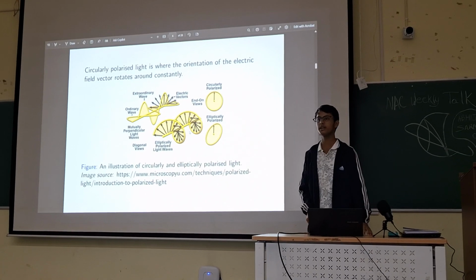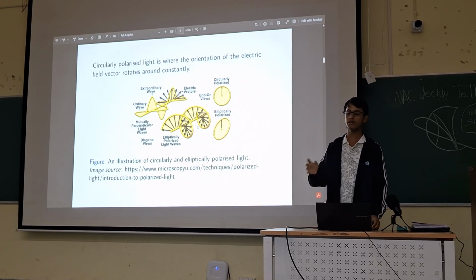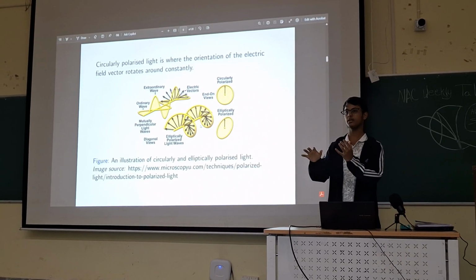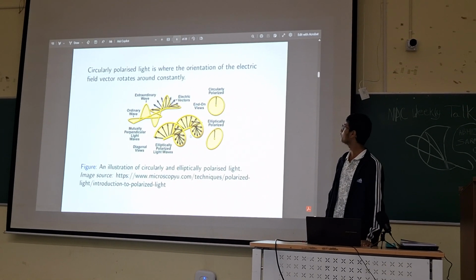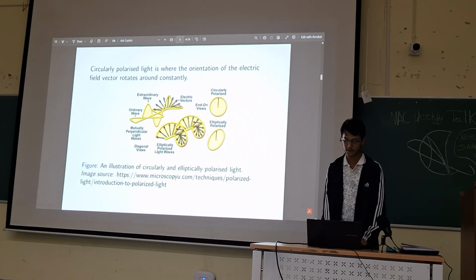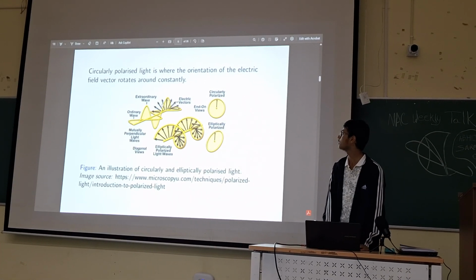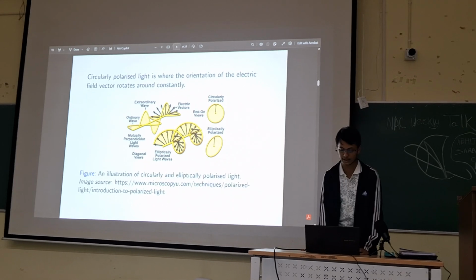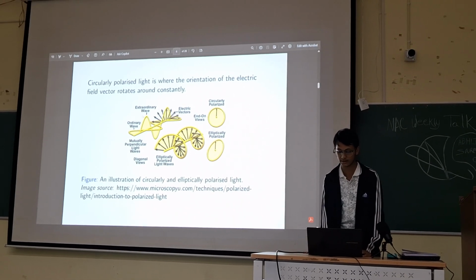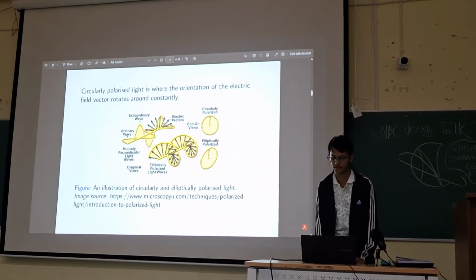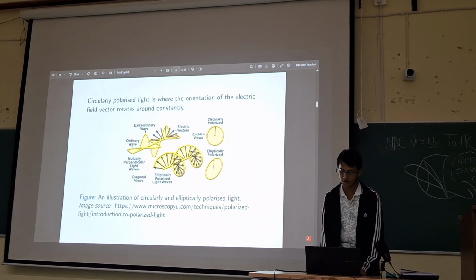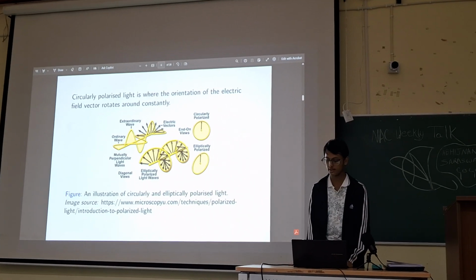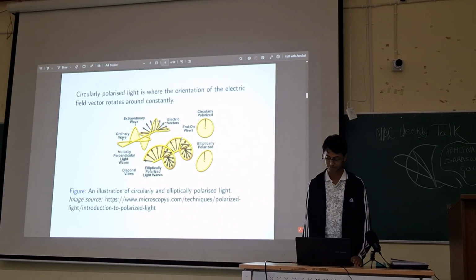You can also show that circularly polarized light is a composition of two linearly polarized components, and their superposition is giving us this particular circularly polarized light.